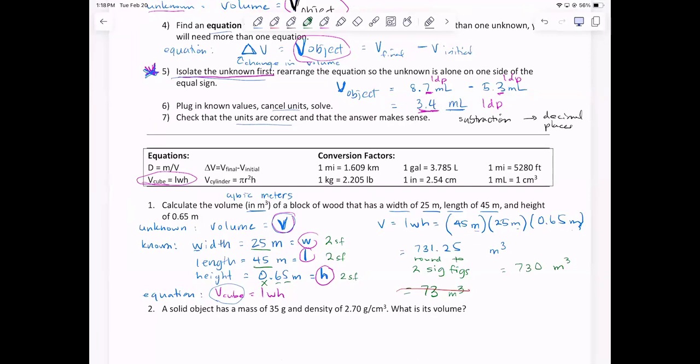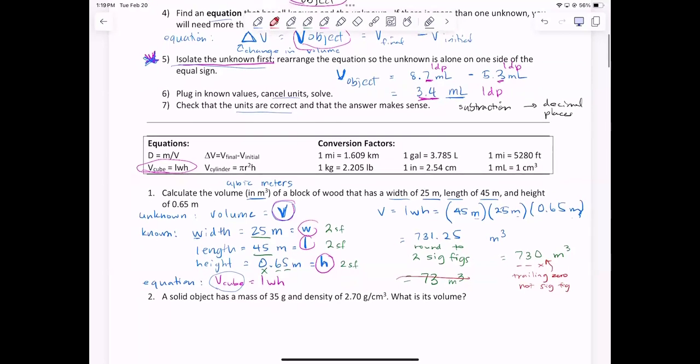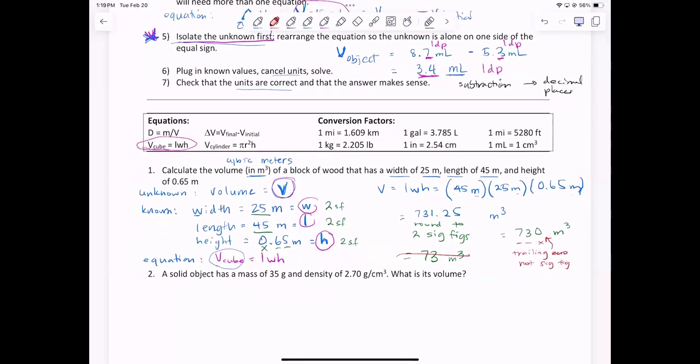So this is rounded. This has two sig figs, the 7 and the 3. And remember, this 0 is not significant because it's a trailing 0 with no decimal. Okay, so when you have a 0 on the right, it's only significant if there's a decimal. So that's our answer there with the two sig figs.